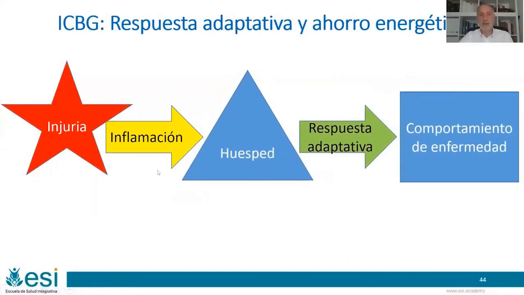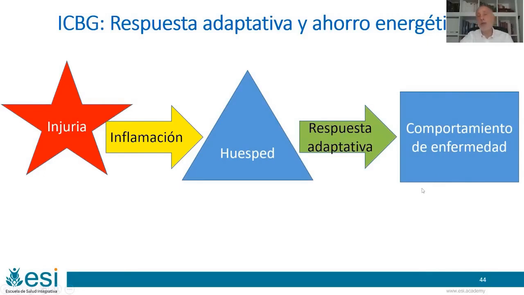In this chart, in response to an injury, inflammation appears that affects us, and there is an adaptive response that, depending on the degree and extent of this inflammatory response, including whether it is systemic or local, can lead to metabolic and neuroendocrine changes to conserve metabolic energy and allocate more nutrients to the activated immune system, in such a way that the behavior of the disease manifests as sadness, fatigue, decreased libido, and it can also lead us, as I mentioned before, to metabolic syndrome.